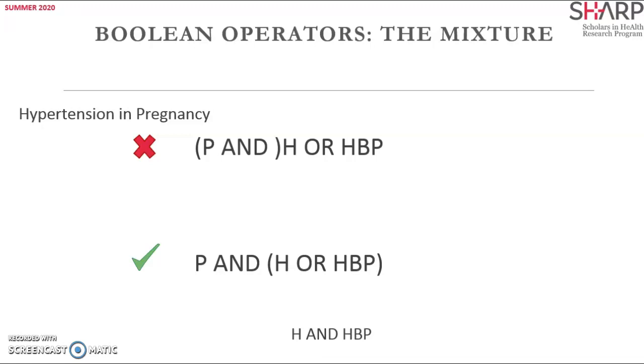Here it is high blood pressure. So when I have a heterogeneous mixture of Boolean operators, make sure to use the brackets and the nesting to do the concept right.